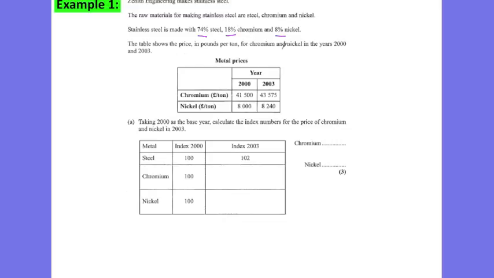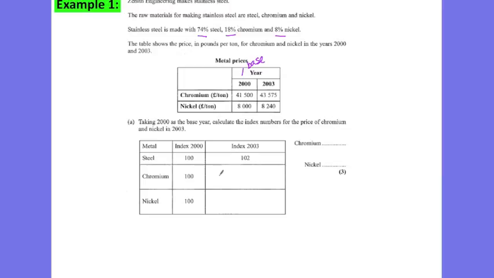The table shows the price in pounds per tonne for chromium and nickel in the years 2000 and 2003. Really important. Taking 2000 as the base year, calculate the index numbers for the price of chromium and nickel in 2003.